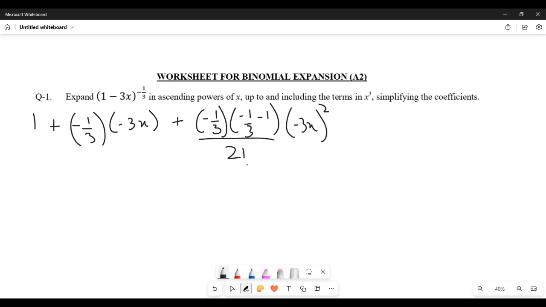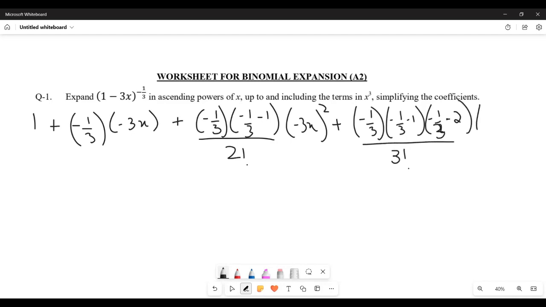square and plus n times n minus 1 times n minus 2 upon 3 factorial times x cubed.